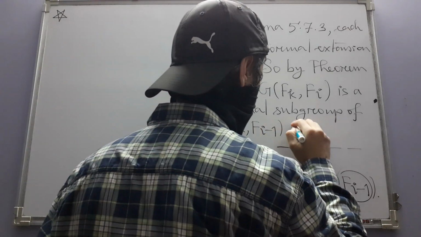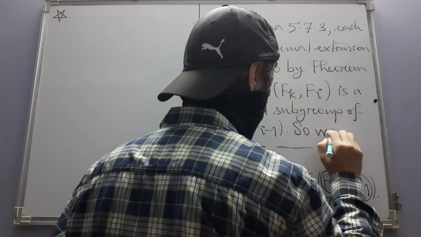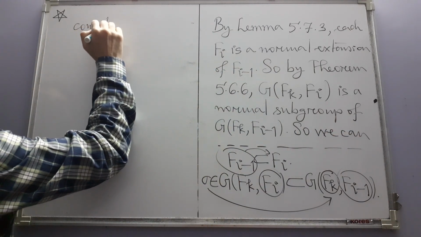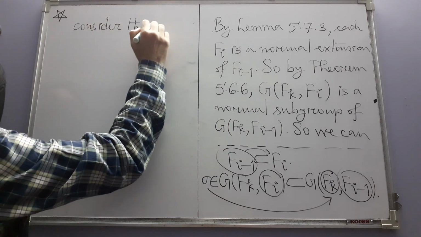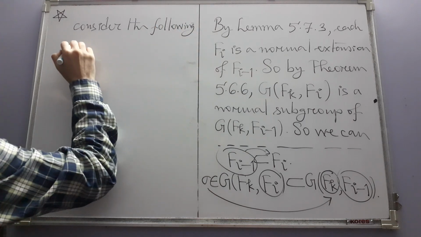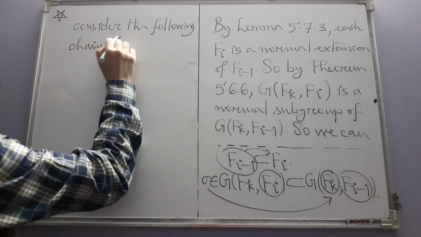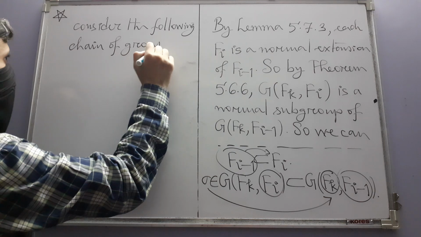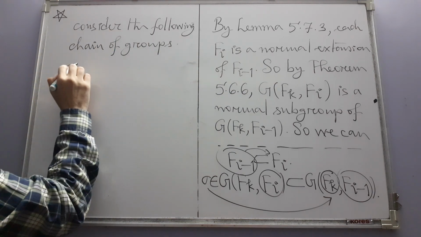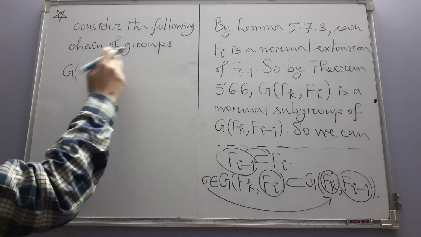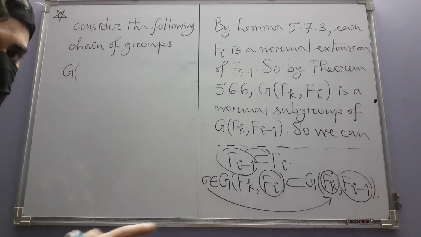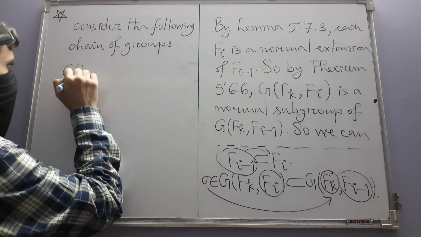So we can consider the following chain of groups, where here also we start with F and then we consider F1, F2 and so on, but the containment will be in the opposite direction.